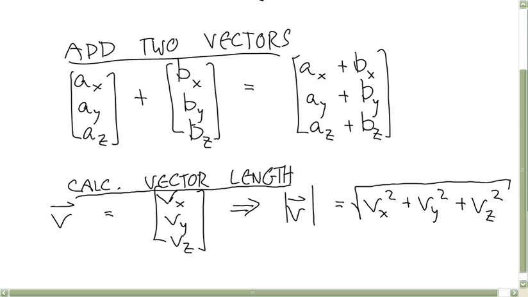Okay, another very important thing is calculating unit vectors. If you think of a vector as a direction and a magnitude, right? That's the information conveyed by a vector. You can think of a unit vector as just a pure direction, okay?